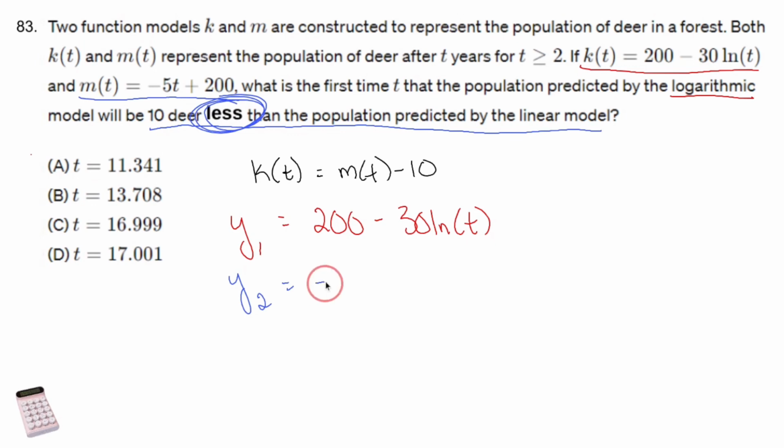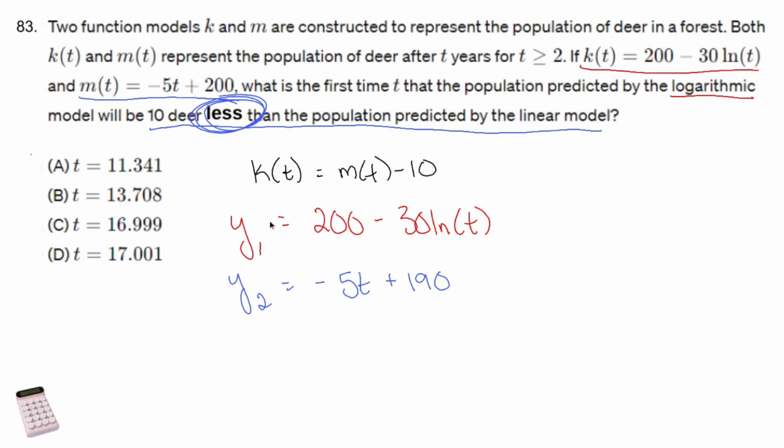So if I have negative 5t plus 200, I want this to be 10 less than that, so I just subtract 10. In my graphing calculator, I don't want 200, I want 110, because I'm making an adjustment. So let's run to our calculators and see what happens.